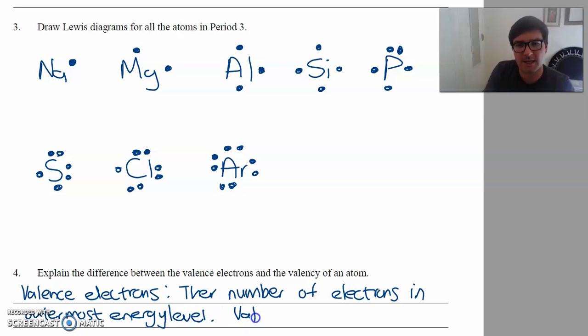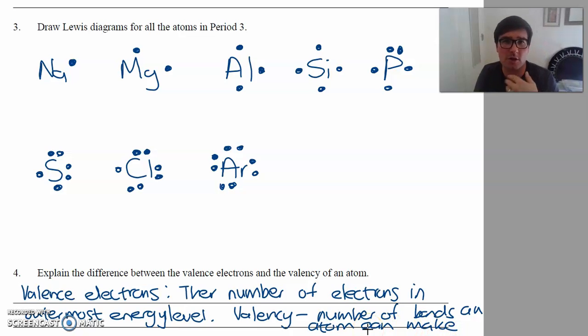Whilst our valency is the number of bonds an atom can have. And remember, the valency can refer to electrons transferred by gaining or losing them, or shared. So it's not just one thing. So it's the number of bonds an atom can make.